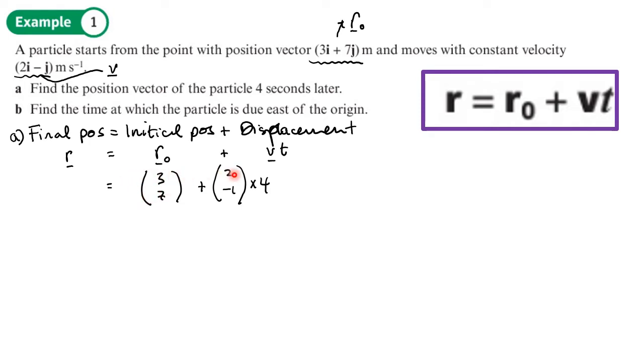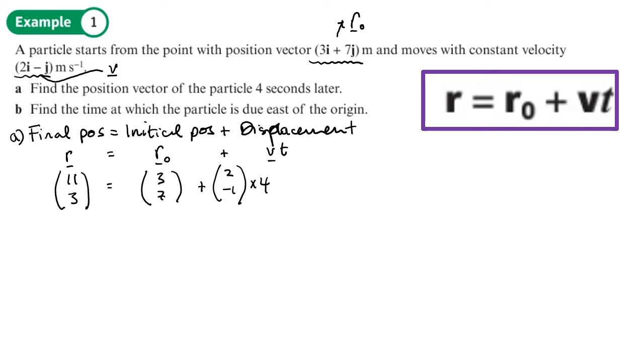You can see in the column it's nice and easy. So 3 plus 2 times 4, 3 plus 8 is 11. Bottom row, 7 plus -4, in other words 7 minus 4, which is going to be 3. So that's the position as a column vector.